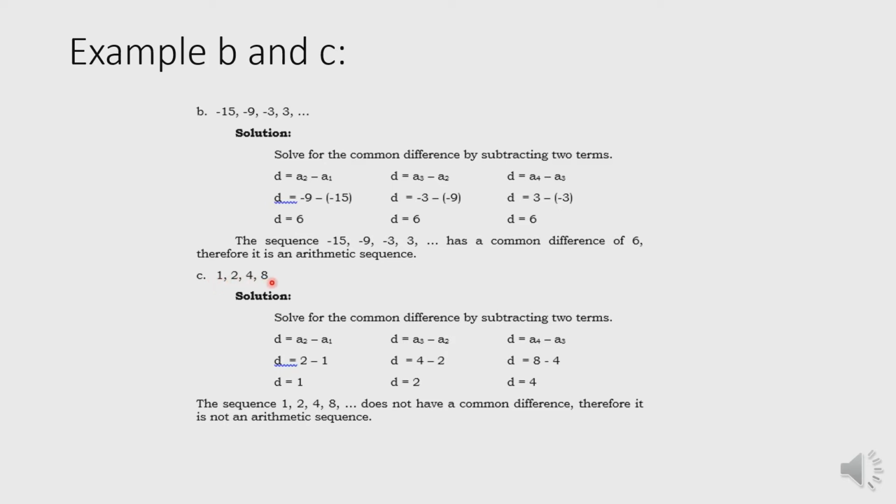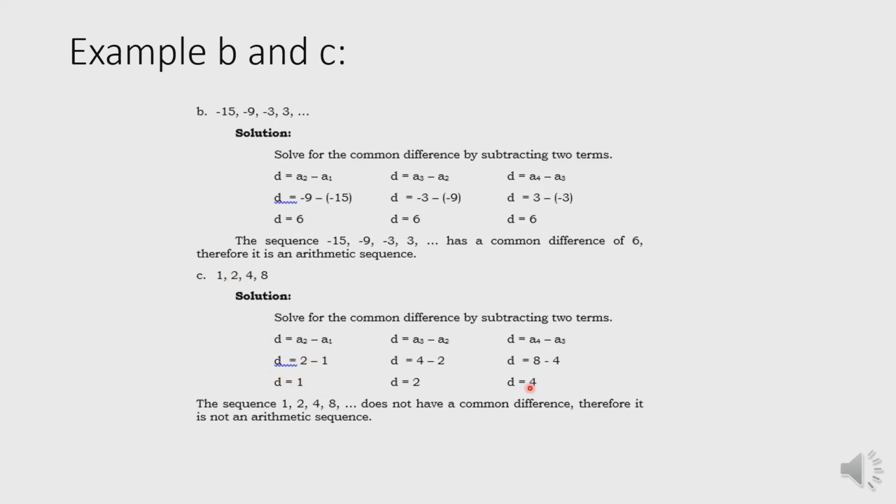If you subtract 8, a sub 4, by a sub 3, 4, you have 8 minus 4, which is 4. Our d is 4. Here, a sub 3 is 4 and a sub 2 is 2, so the difference is 2. And what about a sub 2 minus a sub 1? You have 2 minus 1, you have 1.